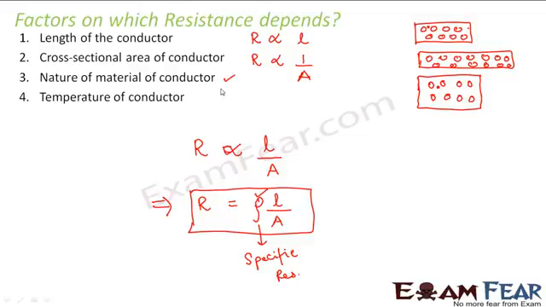You will study the dependence of resistance on temperature in your higher classes, because that involves some other concepts as well. So we will talk about that in class 12. For now, you should know that this is how we express resistance, and these are the factors on which the resistance of a substance depends.